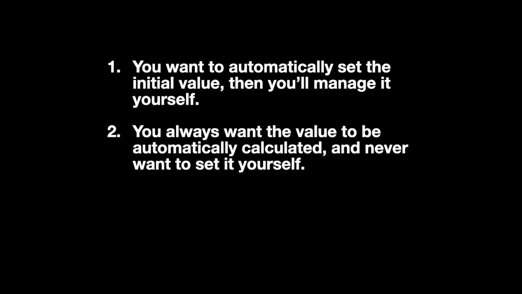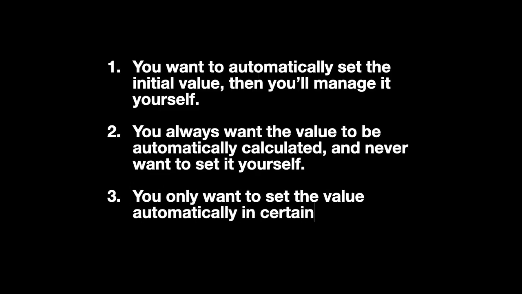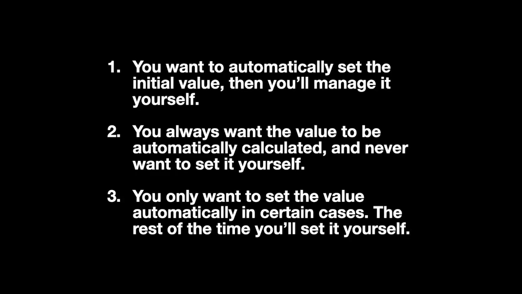And the third case is kind of a combination of those two, in that you only want it to be set for you automatically in certain cases, when a certain condition is true, and the rest of the time you want to manage that value yourself. So let's take a look at specific examples of each one of those cases.